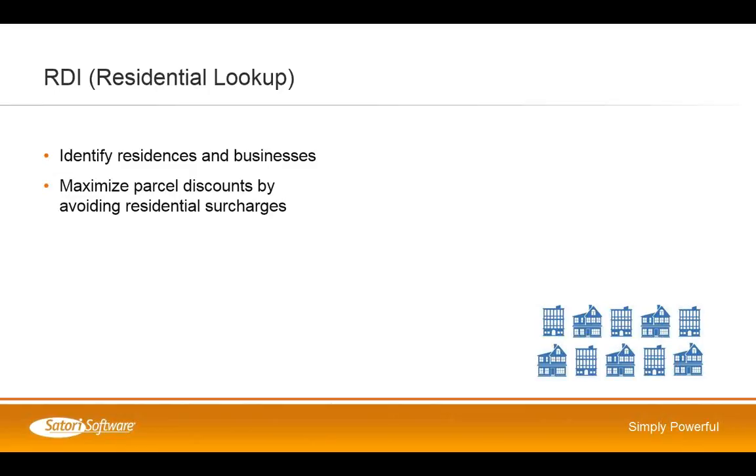One thing to note here with RDI is that when the Postal Service first came out with RDI as a solution, they were very, very restrictive on who could actually use it. It was restricted to those doing purely parcel mailings. That has now changed.